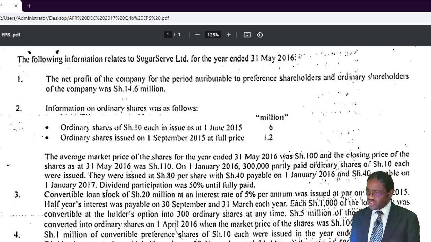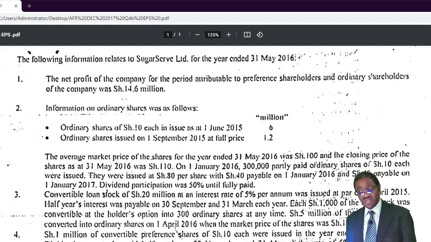Remember, we are closing our business on 31st May 2016, so the other 40 will not be paid this year. It will be paid in the next year.